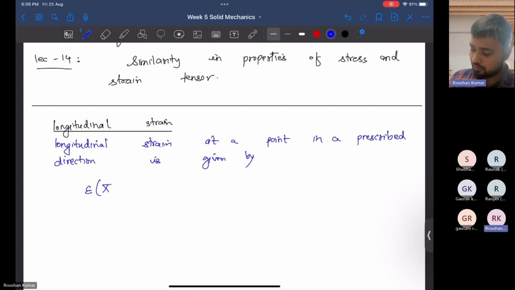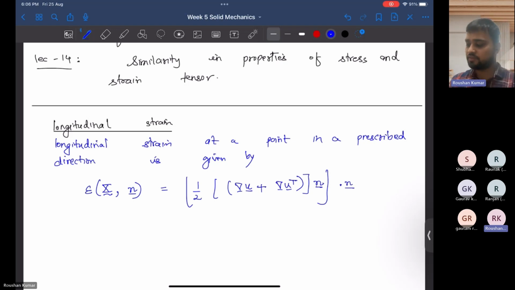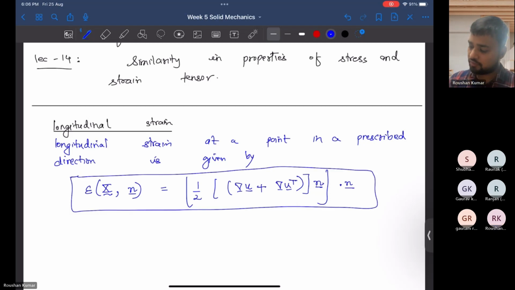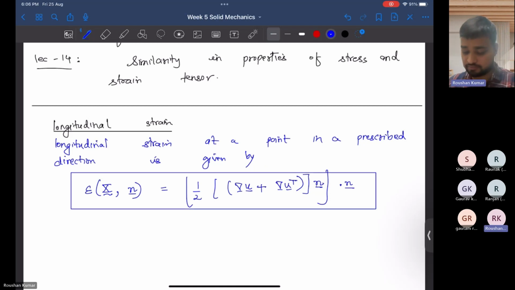If we want to know the longitudinal strain at position x in the direction n, it is given by half of the displacement gradient plus the transpose of the displacement gradient. So half of grad u plus grad u transpose times n, dotted with n, where n is the direction in which we want to find the longitudinal strain. This is the formula for longitudinal strain. Using it, we can find the longitudinal strain in any direction.